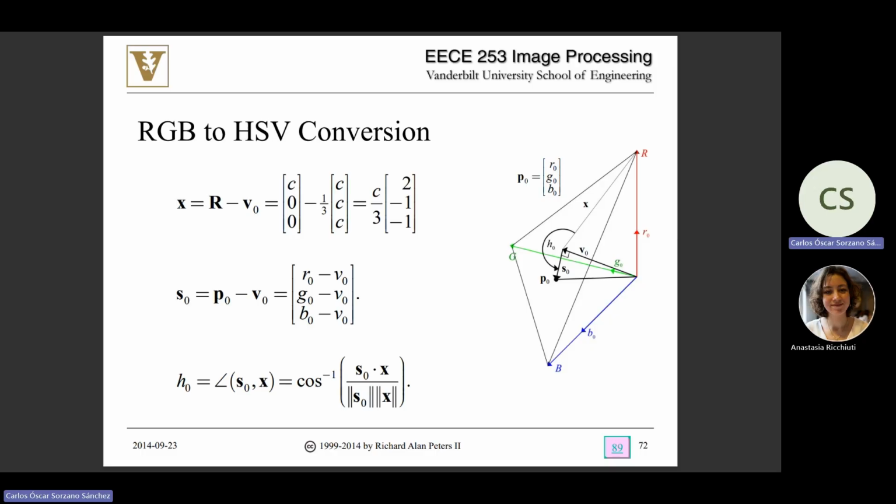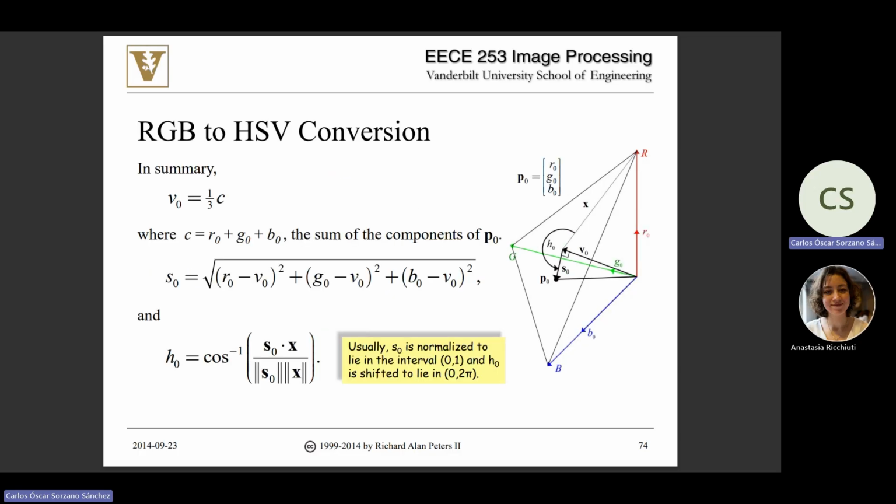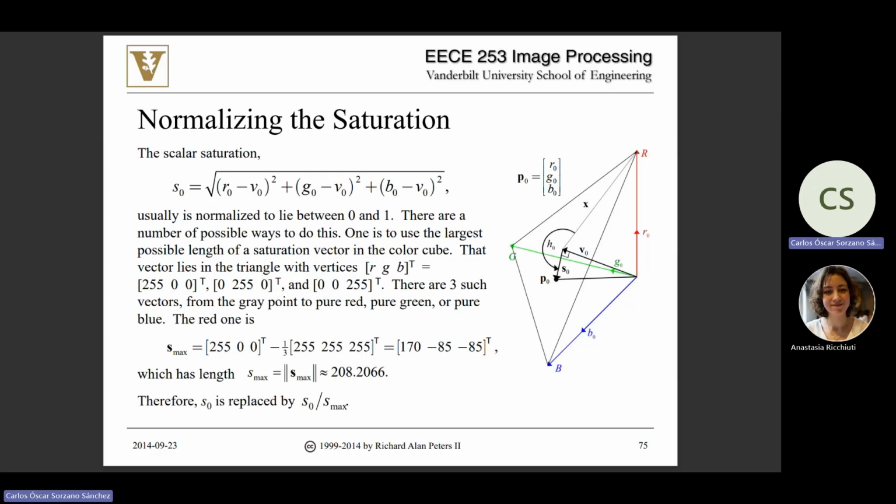So this is to go from RGB to HSV. We have seen this multiple times. This is very repetitive. And this is also something that is sometimes done. We can compute the maximum saturation you can have.